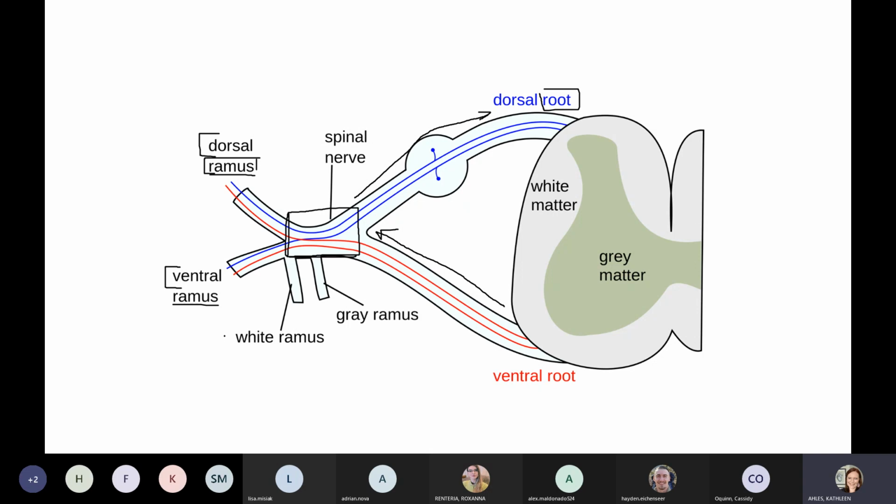The ventral ramus is going toward the front, controlling our organs and things like that. So you got some questions in your packet about the dorsal ramus and the ventral ramus. That's where my spinal nerve splits into a front half and a back half, the dorsal ramus and the ventral ramus.